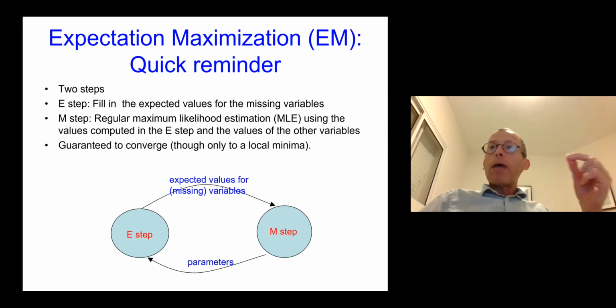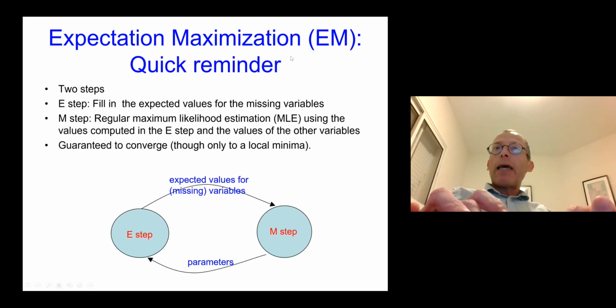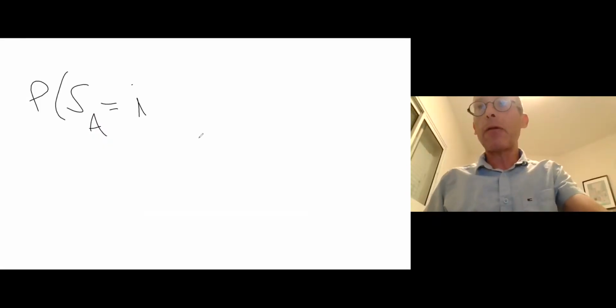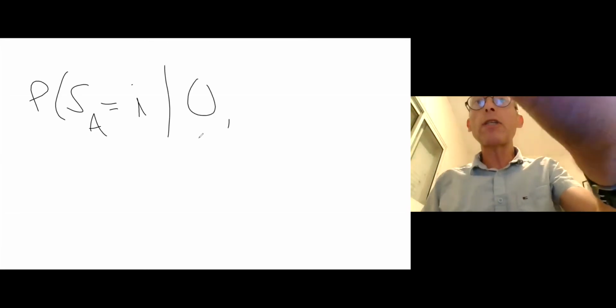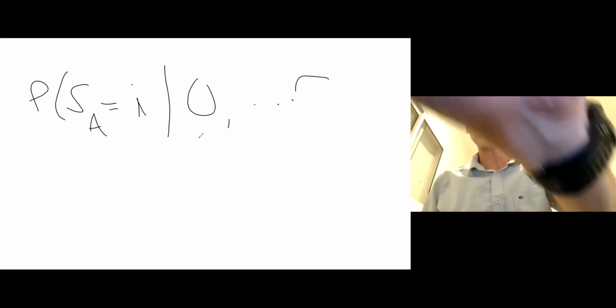For example, in the previous lecture, we did not discuss something that's important for learning expectations. If you think about the expectations, we want to know what's the probability of, let's say, S_t equals i, so that at time t we are at state i, conditioned on all of the observations, not just the observations up to t, but also the observations after t.